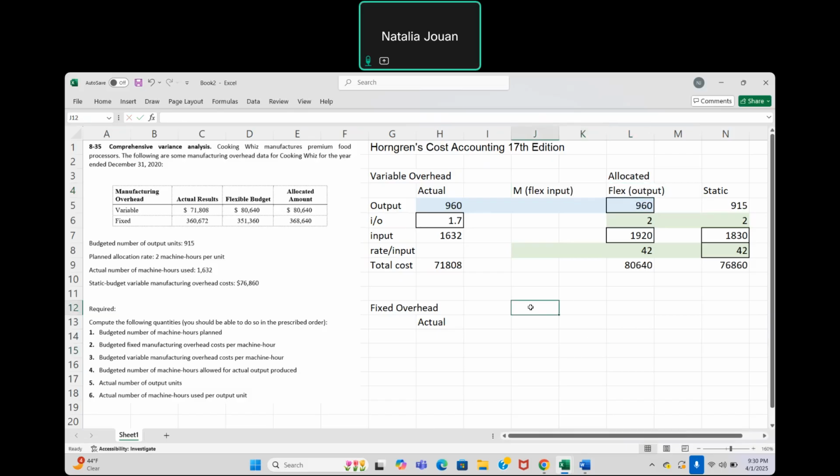Because we're not going to measure efficiency, we're going to measure productivity. So we're going to have the flexible budget right here. Okay, and then the allocated, which will behave the same way it always has. Okay, and then the static. The static and the flex, remember, is the same in this case. We cannot flex fixed costs because it doesn't matter how many units you're making. Budget is a budget.